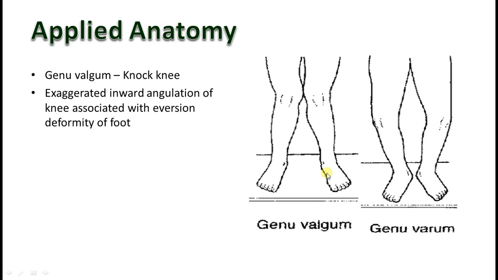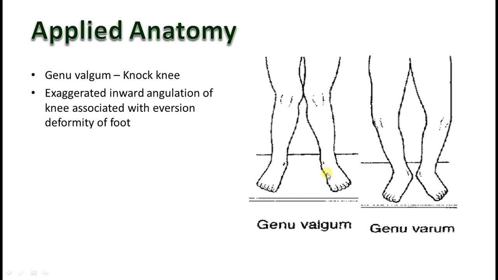This is called the genu valgum. So genu valgum might occur due to any bone diseases like rickets, or it might be due to idiopathic reasons or nutritional or congenital. Sometimes it might run within the family, it might also be congenital, inborn.